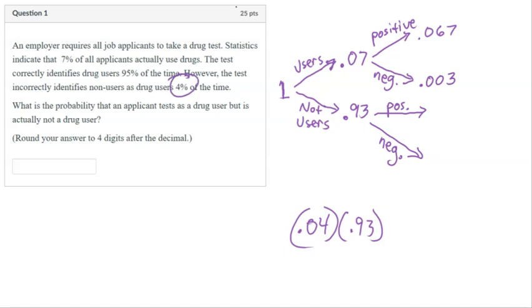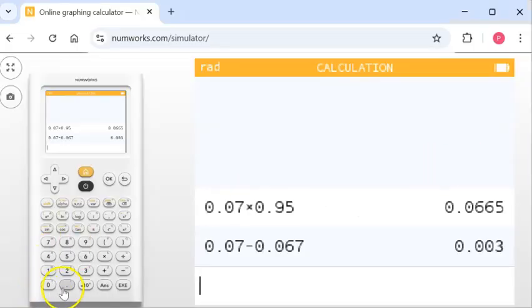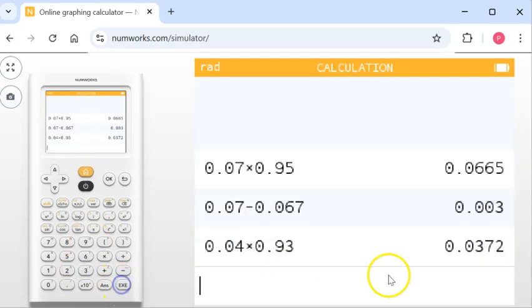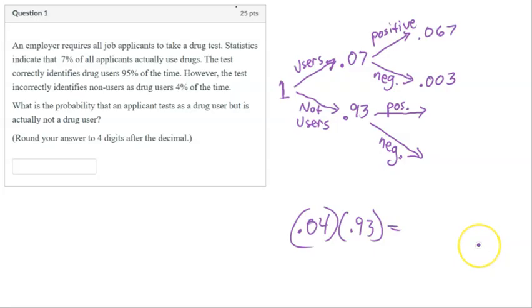We're taking this 4% and multiplying it by 0.93, and that gives us 0.037. We round it, so 0.037. Now we need to do 0.93 minus 0.037.